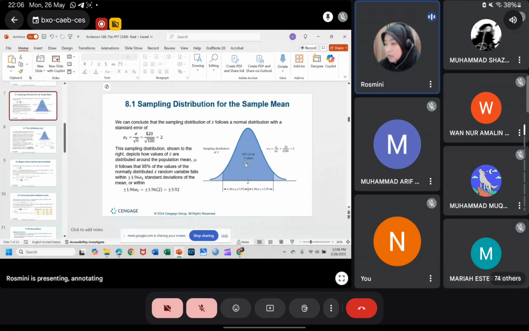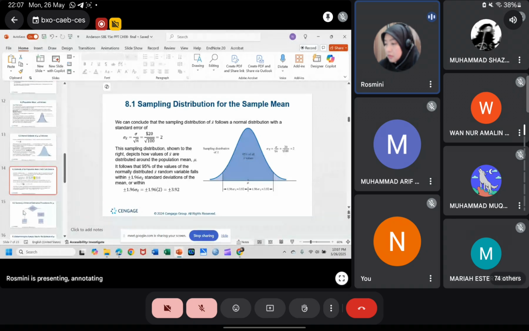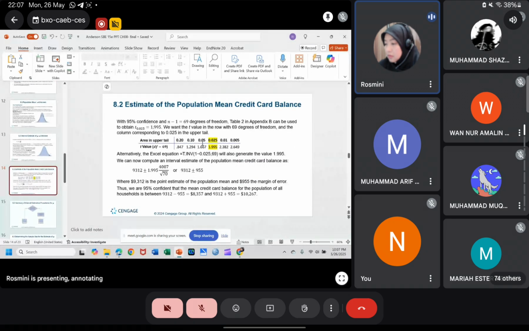Meaning that this one here will be 0.1, and 0.1 divided by 2 gives 0.05. So instead of looking at 0.025, you will go for 0.05. Why? Because 0.1 divided by 2 is 0.05. It's the same approach. But usually we'll go for 95%.